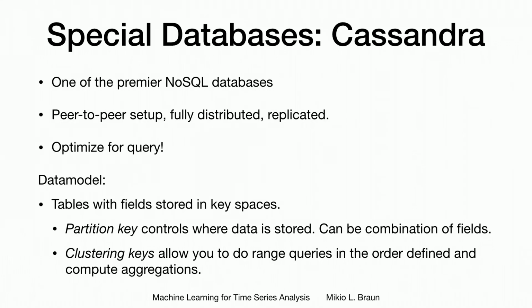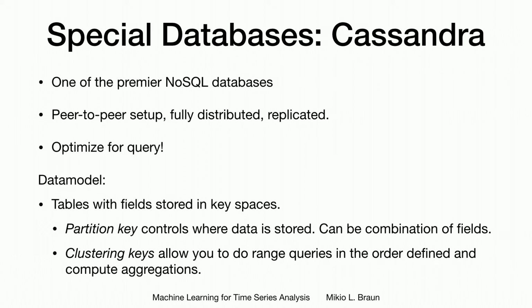But there's an interesting thing in the data model of Cassandra. The basic abstraction in Cassandra is like a table in SQL, so you can have different fields. But for each entry in the table, you define two kinds of keys. One is the partition key, and that defines where the data is stored, right?